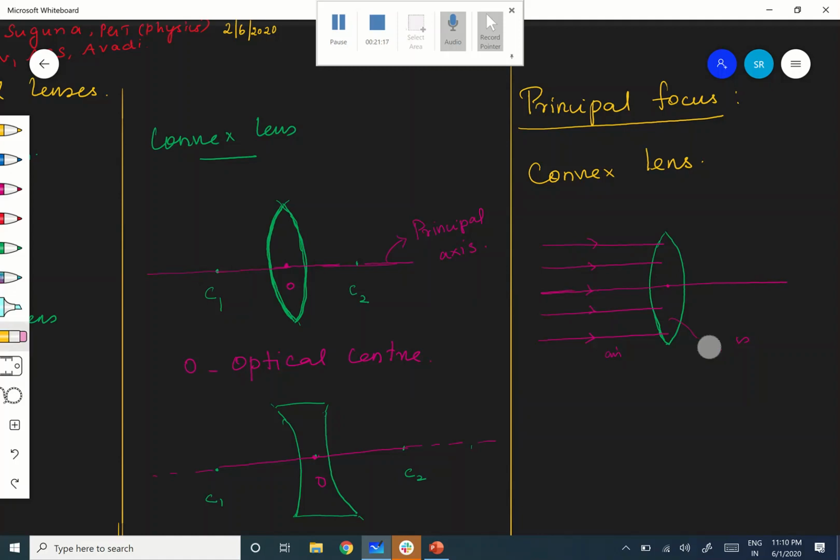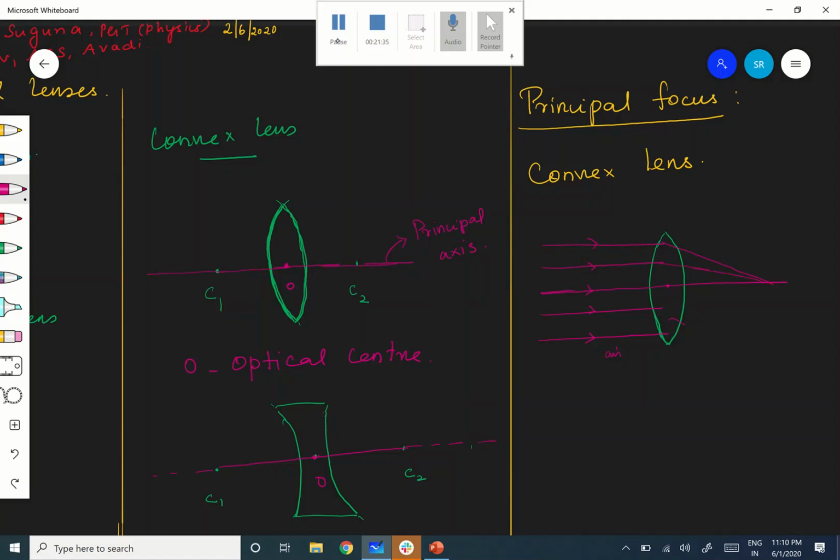by which lens? A convex lens will converge at a point.